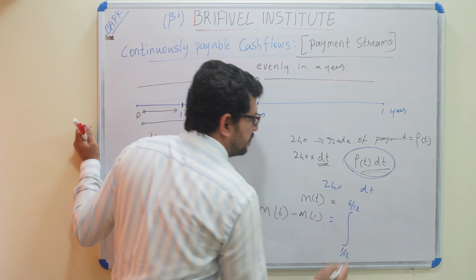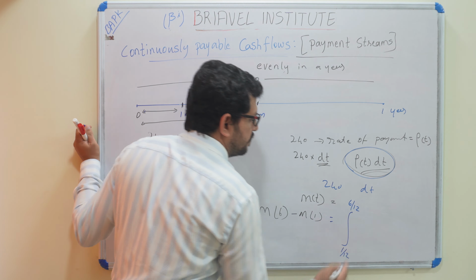So what will happen? We can say this is the rate of payment. If M(t) is the total payment up to time t, then if you know M(t), we can get rho(t). Just as integrating gives M(t), differentiating gives rho(t) equal to M'(t).